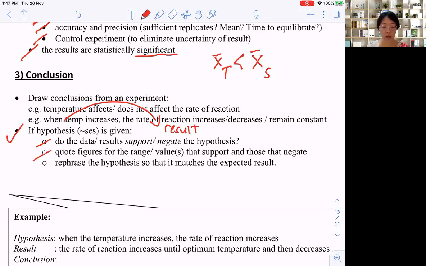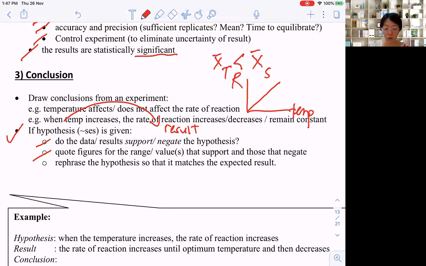Then you quote the figures for the range of values that support and those that negate. So sometimes, let's say this is your hypothesis: when temperature increases, the rate of reaction increases. So this is your hypothesis, right?